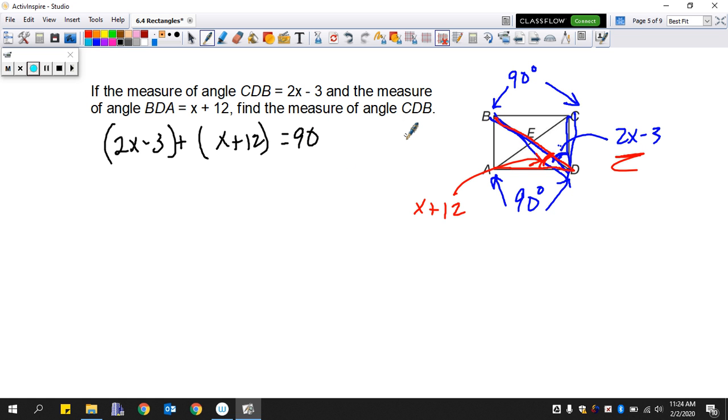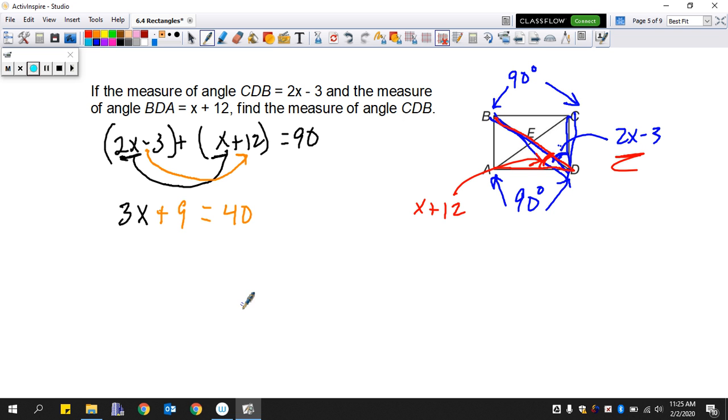So then we combine our like terms. 2x plus x is 3x. Remember this is a negative 3. Negative 3 plus 12 is 9. So 3x plus 9 is equal to 90.